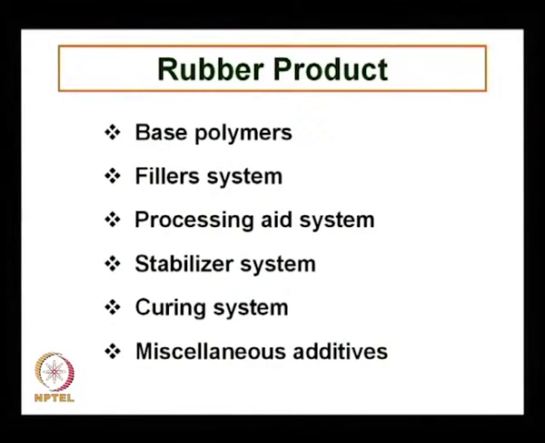Then other rubbers, say acrylic rubbers, fluorinated rubbers or fluororubbers, fluoroelastomers, silicone rubber, and other polar rubbers like thiokol rubber, which is polysulfide rubber, and Hypalon rubber, chlorosulfonated polyethylene.